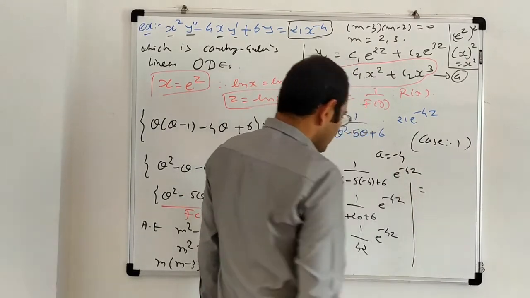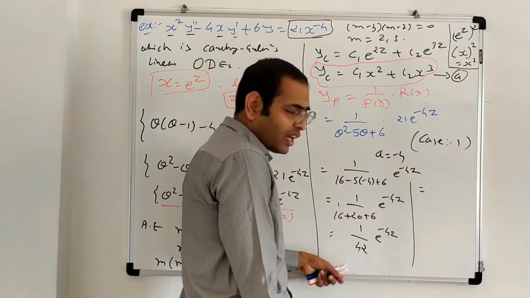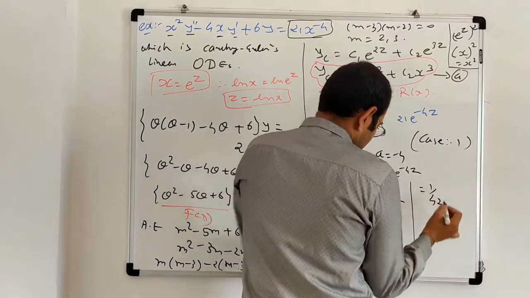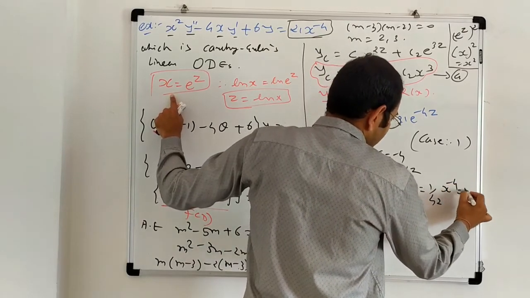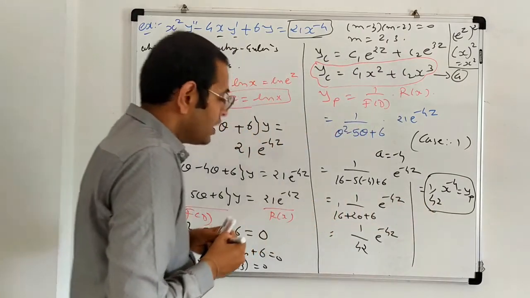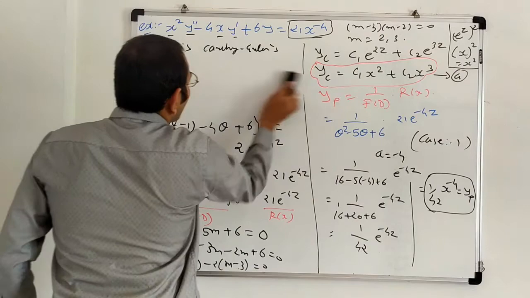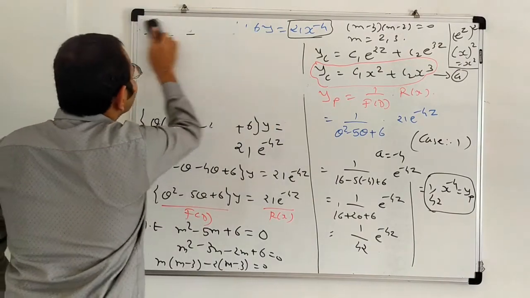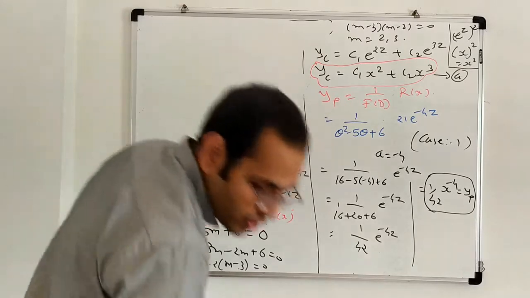Then convert in terms of x. Then here x raised to minus 4, that is our yp. Then the last equation, that is nothing but the combination of yc and yp, is our general solution.